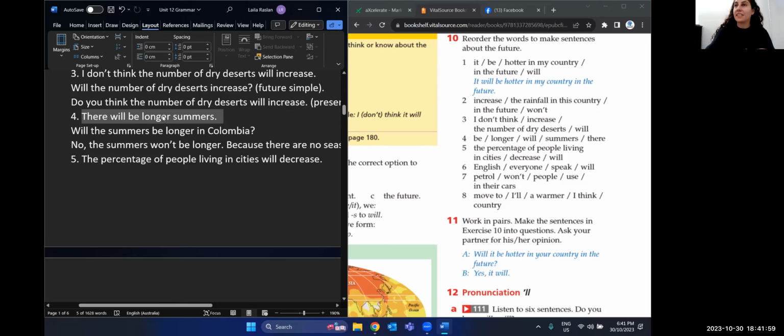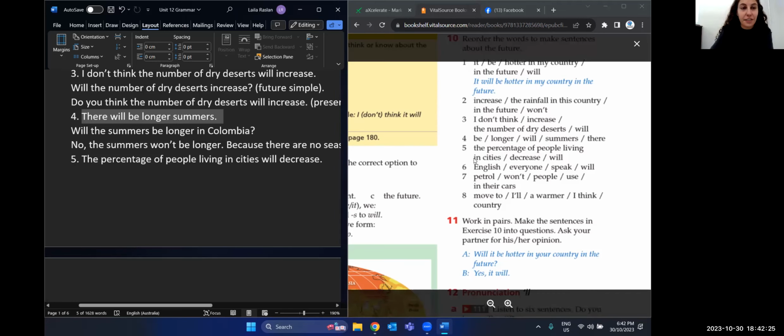So it's comparing it to now. You know, in the future, there will be longer summers compared to now. So make sure that you could see that you've got an adjective, long. We added the ER because we're comparing the future to now. The summers, it will be longer compared to now.